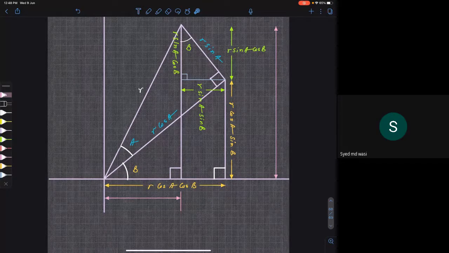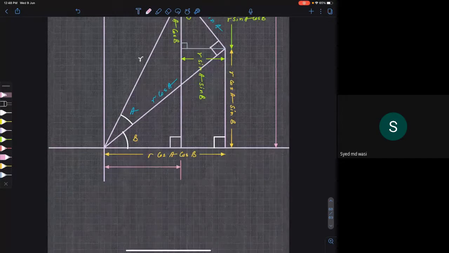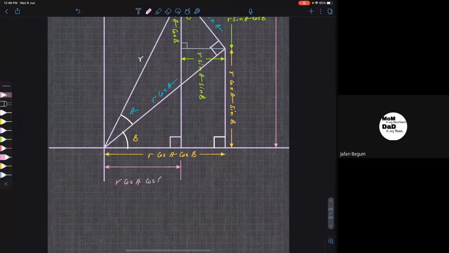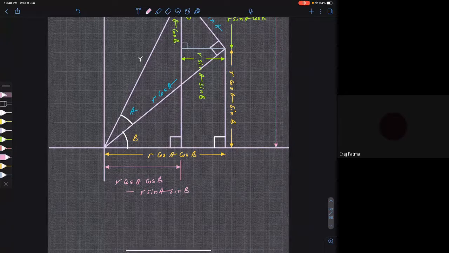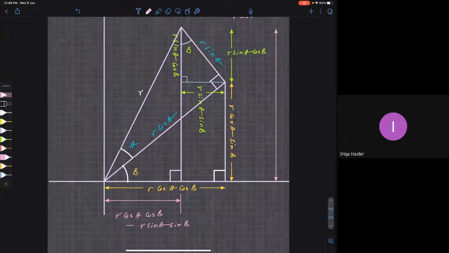What is this pink side? Tell me. It is R cos A cos B minus R sin A sin B. Do you agree? Yes, sir. And what about this side?